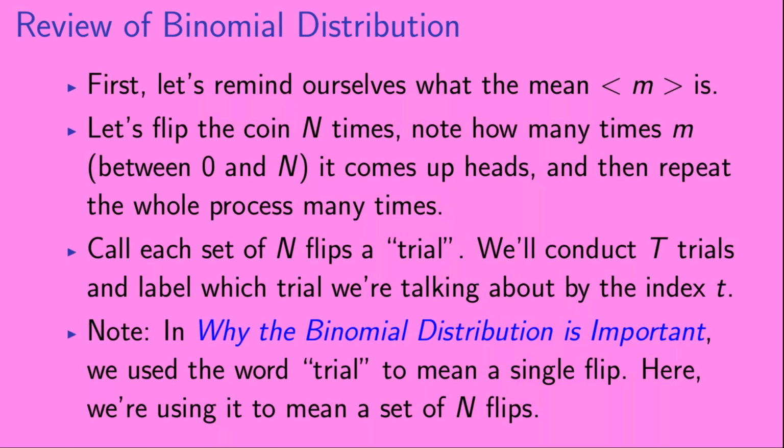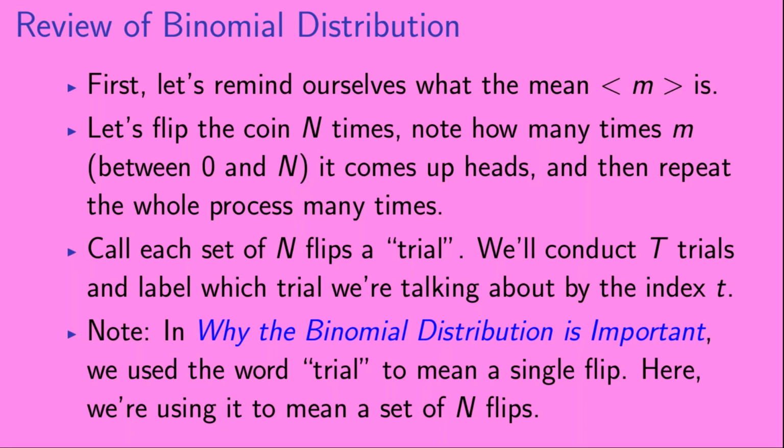First, let's remind ourselves what the mean of m is. So let's flip the coin n times. Note how many times m, between 0 and n, it comes up heads, and then repeat the whole process many times. Let's call each set of n flips a trial.